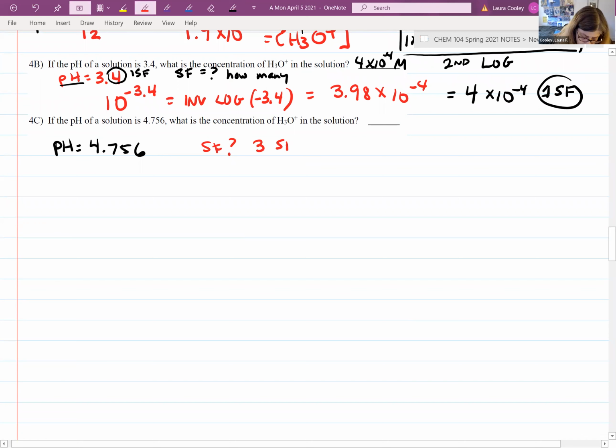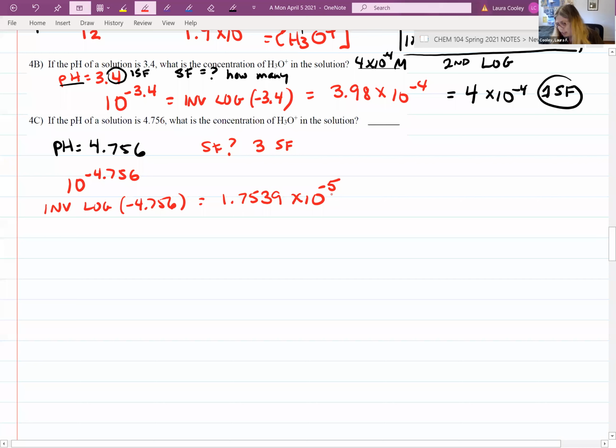So 10 to the negative 4.756. Do that on your calculator. That's the inverse log of that number, and you get 1.7539 times 10 to the negative fifth.